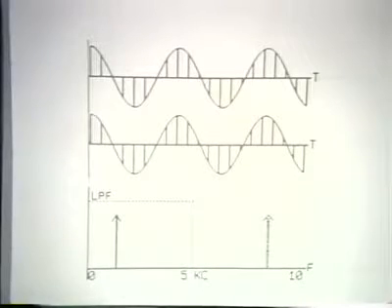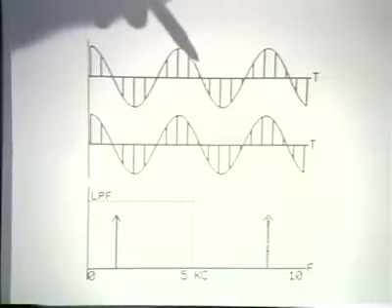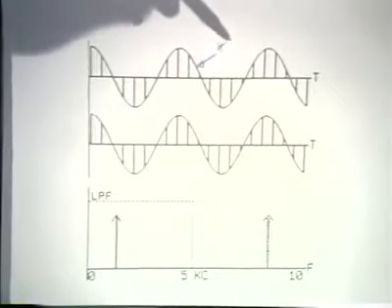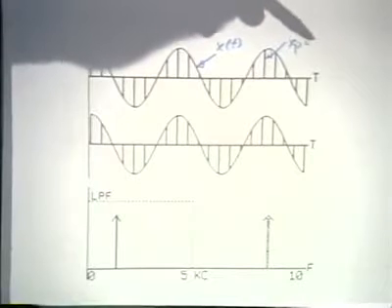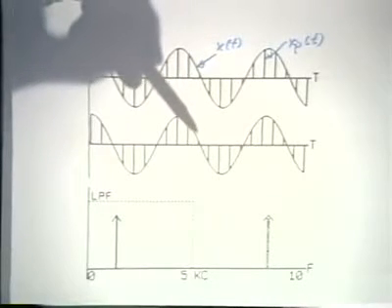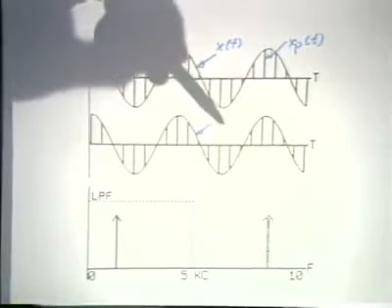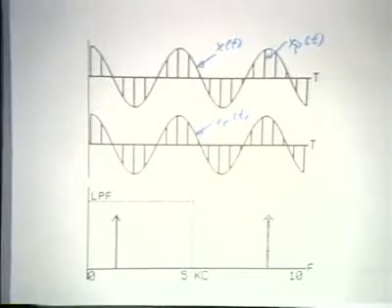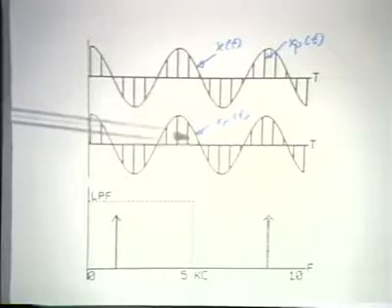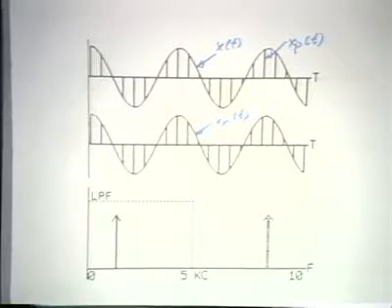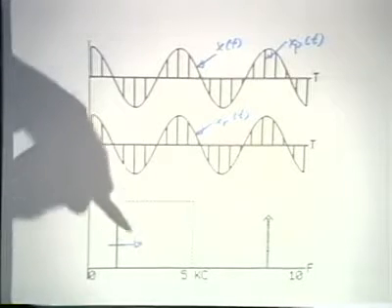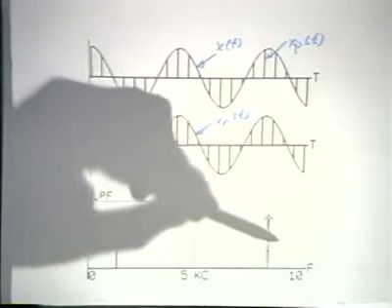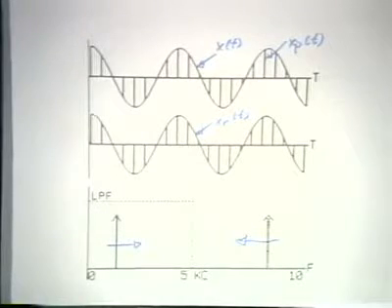So what we have then is the input signal x of t and the impulse train x sub p of t, and then the reconstructed signal is the output from the low-pass filter, which I denote as x sub r of t. Now, as the input frequency of x of t increases, this impulse moves up in frequency, but this impulse moves down in frequency.